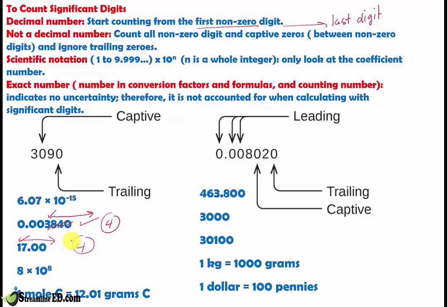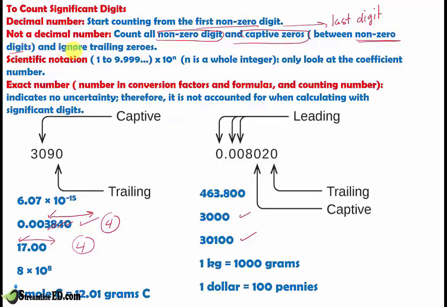Now what if we have a number that does not have a decimal, like this one over here? For a number without a decimal, you are going to count all the non-zero digits and all the captive zeros only. What are captive zeros? Captive zeros are zeros between two non-zero digits.